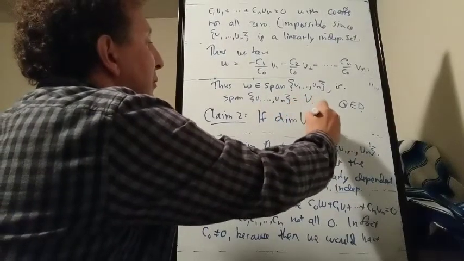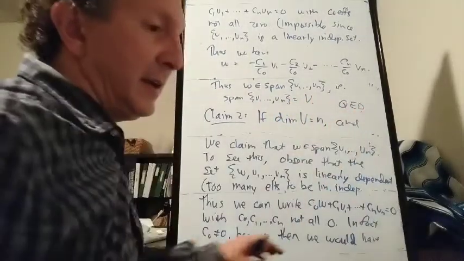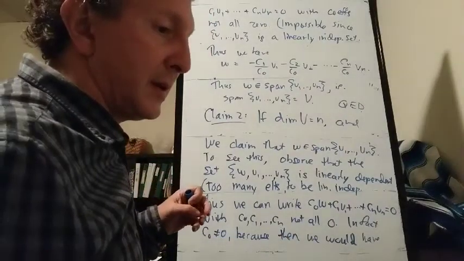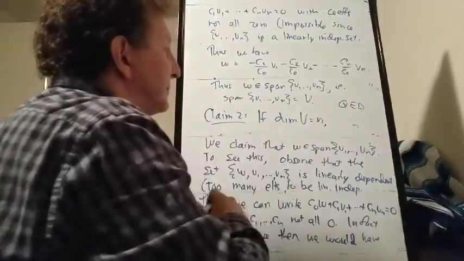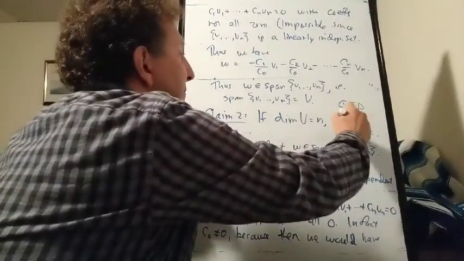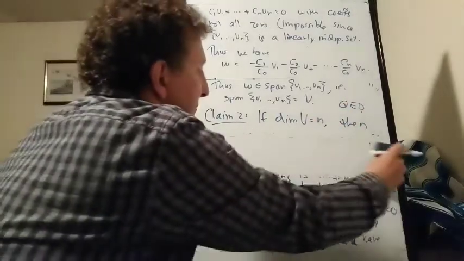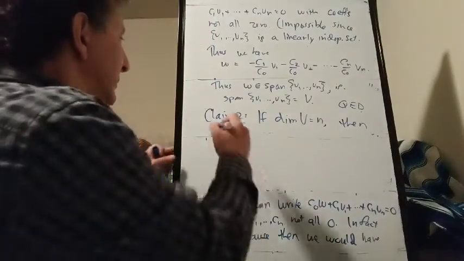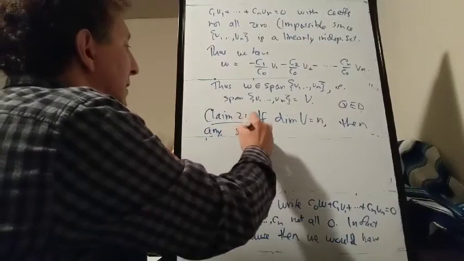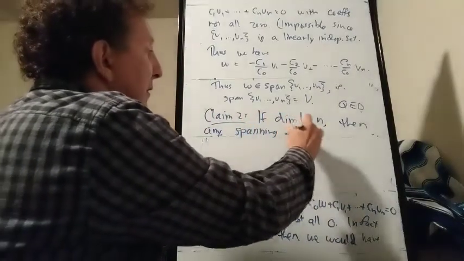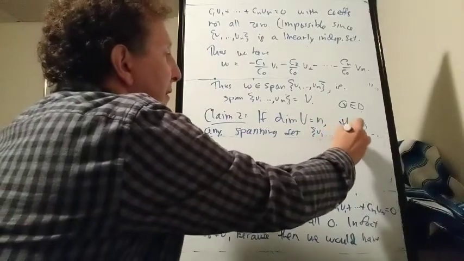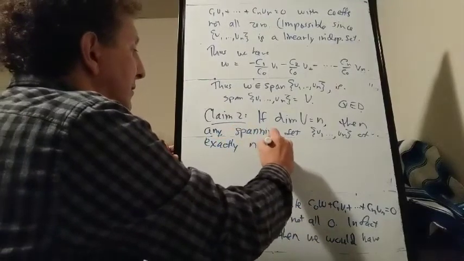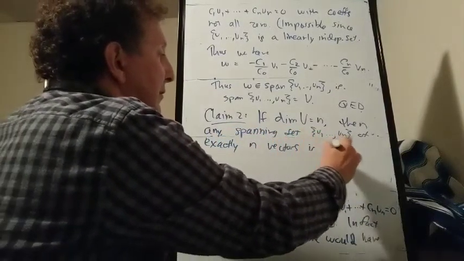So if the dimension of V equals n, then any spanning set v1 through vn of exactly n vectors is a basis.